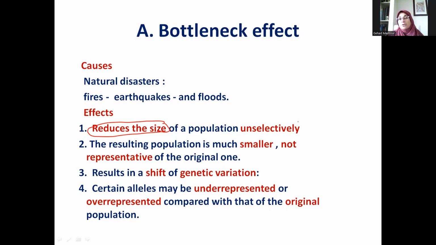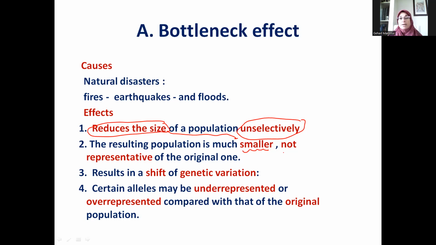And the reduction is not selective, meaning that there is no selection. It will not select, for example, people who are white-skinned or people who are dark-skinned or people who are tall or people who are short. You can never know which disaster will kill which individual. So since it reduces the size of the population, the number of the individuals will be smaller.